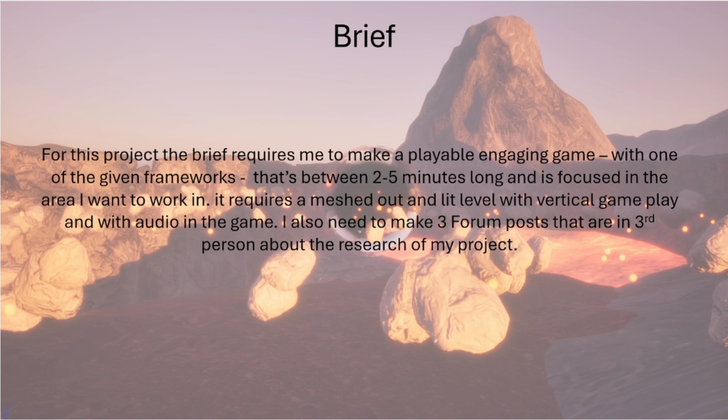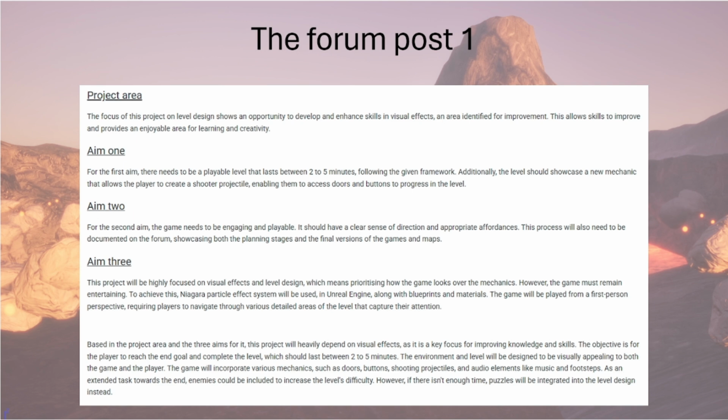Another part of the assignment is making 3 forum posts that are in third person and discuss how I researched the game. In my forum post 1, I had to set out my aims, so I put in different ideas, how and what I want to do for the game, such as the Niagara particle effects.